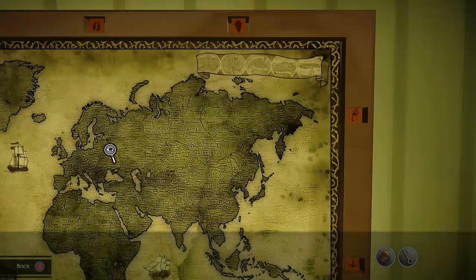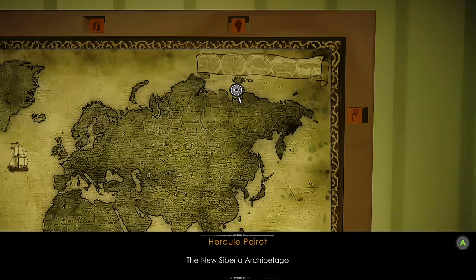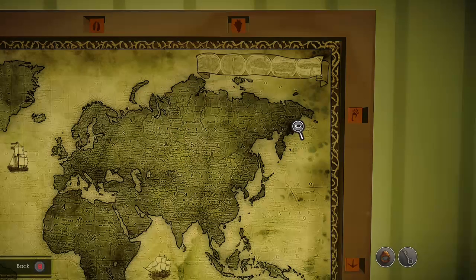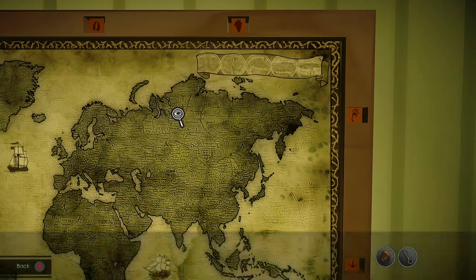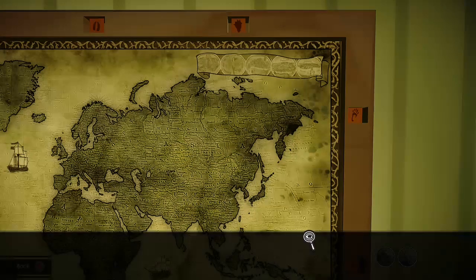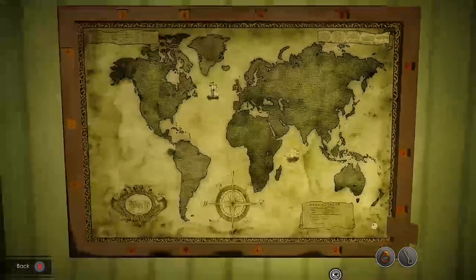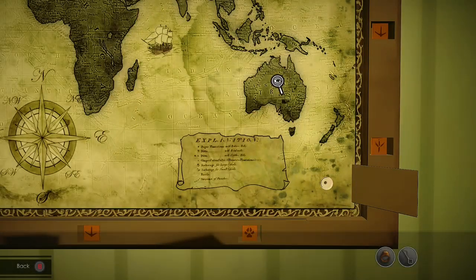Libya. Okay. The New Siberia Archipelago. Sumatra. Oh, for fuck's sake. Australia. Sumatra.